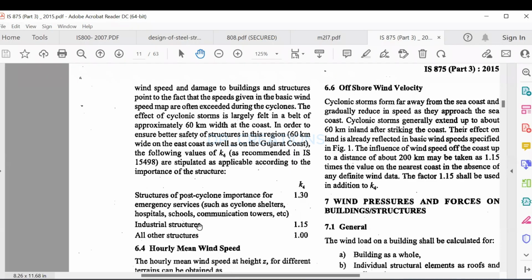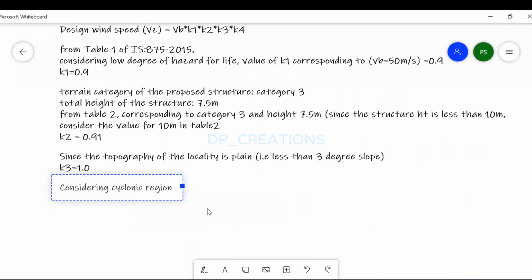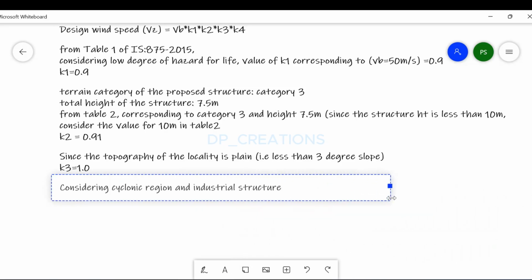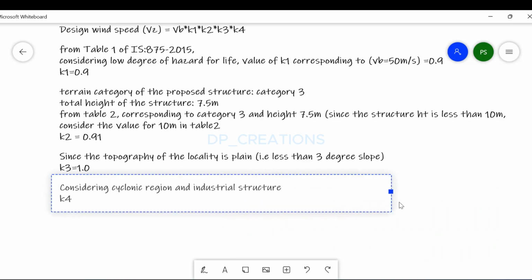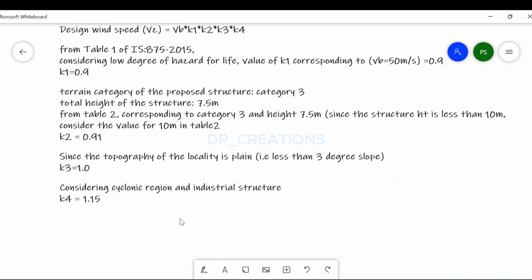So you can consider it as industrial structure or other structures. I think as per my principle, as I told, whenever two options are there, you can go for the worst one. So you can take 1.15. Okay. And industrial structure, K4 equals to how much? 1.15. So done. So I have calculated K1, K2, K3, K4.